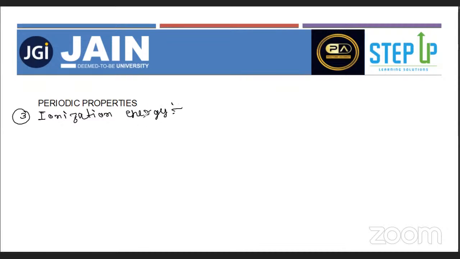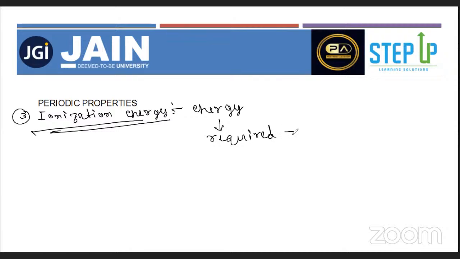Ionization energy is the amount of energy required to remove an electron. These three words should be there. First of all, it is an energy which is required for the release of one electron. Release of an electron from where?